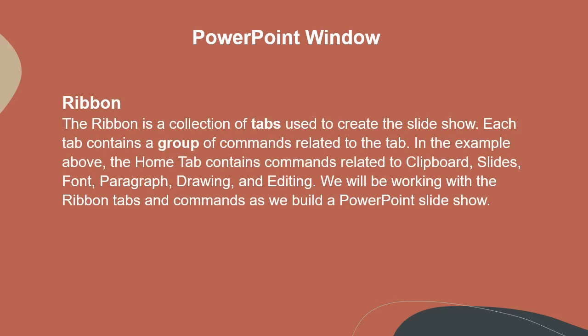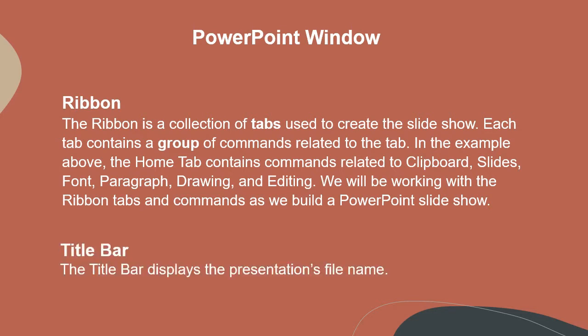The ribbon is a collection of tabs used to create the slideshow. Each tab contains a group of commands related to the tab. In the example, we have the Home tab, which contains commands related to clipboard, slides, font, paragraph, drawing, and editing. Title bar displays the presentation's file name.